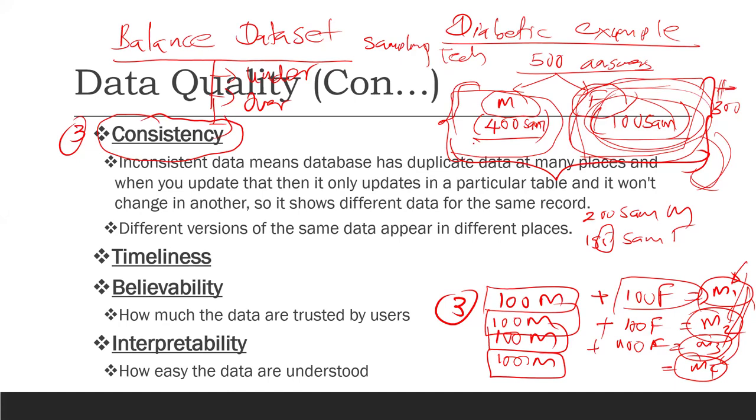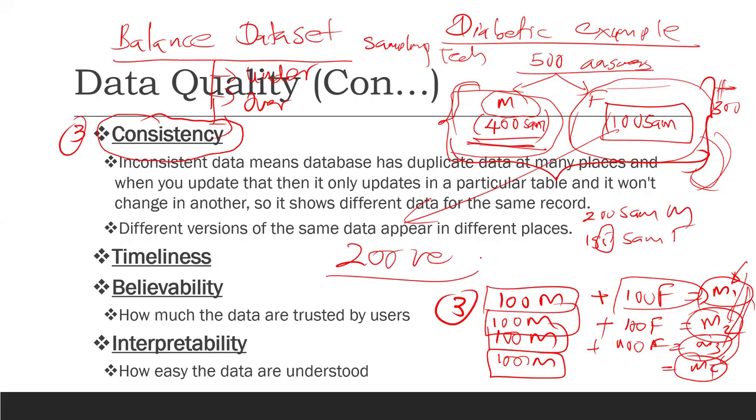We have 400 male samples, and here we have only 100 samples, right? This happened recently with one of the students, we found out and told him that for research we can't do that. He selected 100 samples and copied them again, then he got 200 records. Again he copied, it becomes 300.